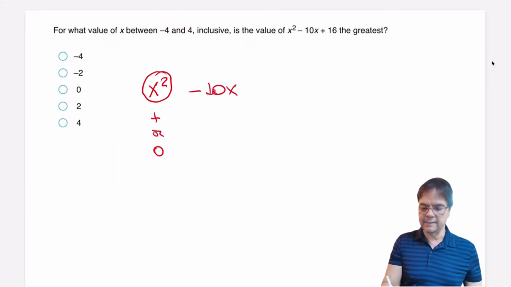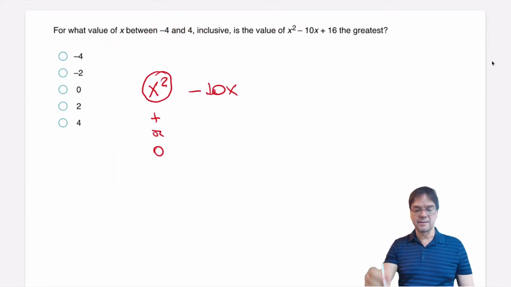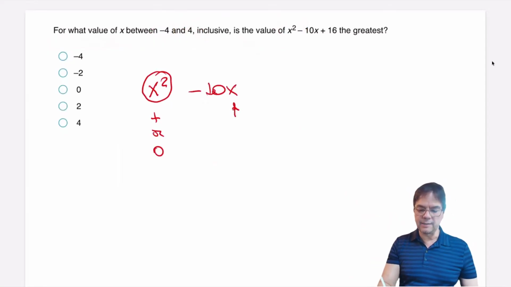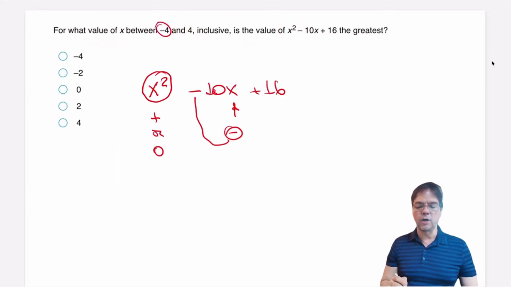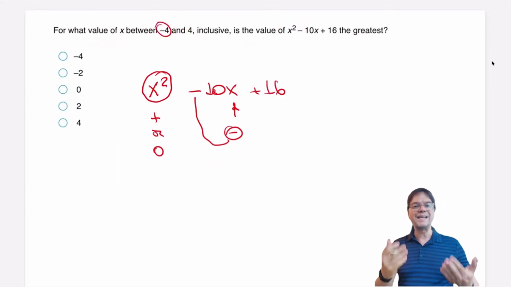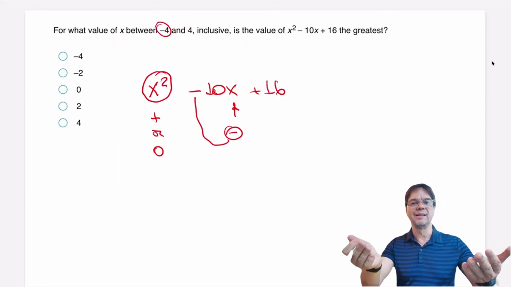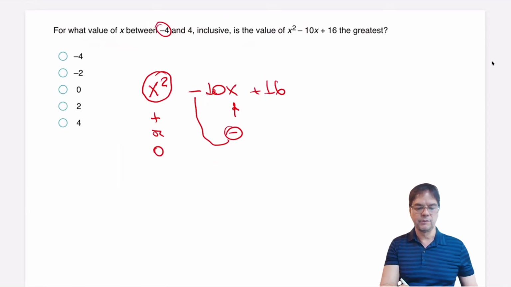Minus 10x: if I want the greatest, I will put a negative here because negative times negative will be positive. So this is -4, because it is the greatest in magnitude negative. So it's -4.